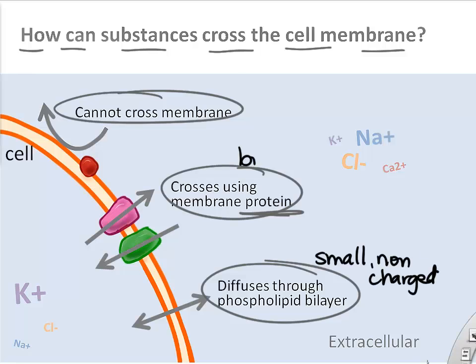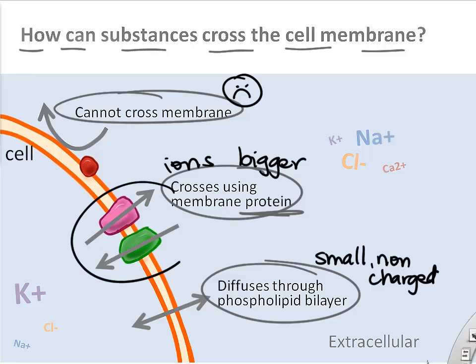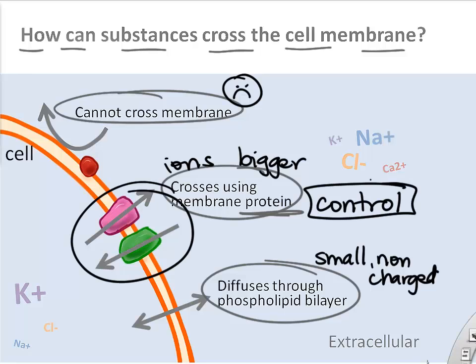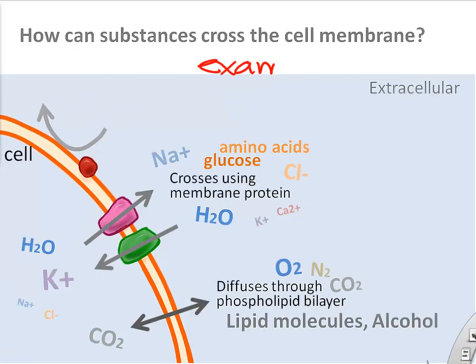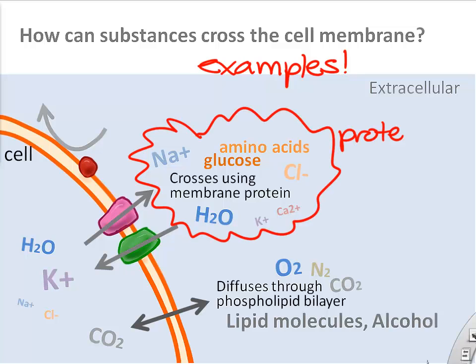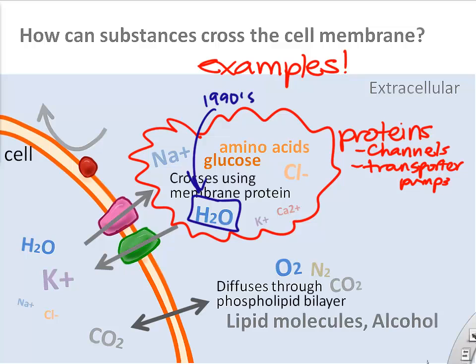Some things that are small and not charged can actually get directly through the phospholipid bilayer. We'll look at some examples in a second here. But it's good that the cell can control most of what gets in and out using these proteins in the membrane. Examples of things that use proteins to get in and out are sodium, potassium, chloride, and even water needs a protein to actually get through the membrane.